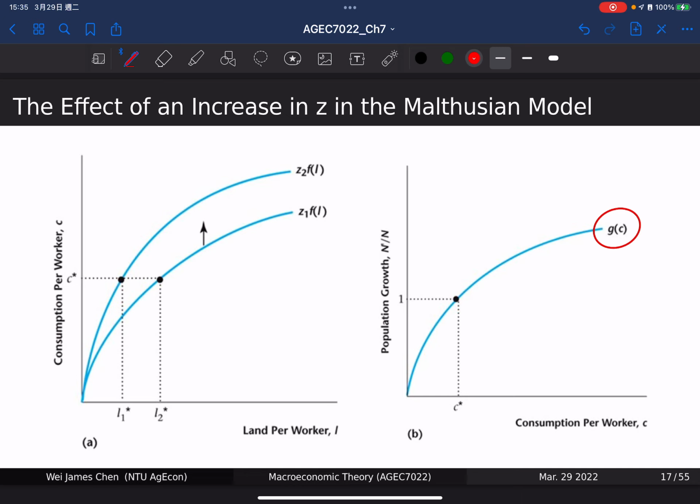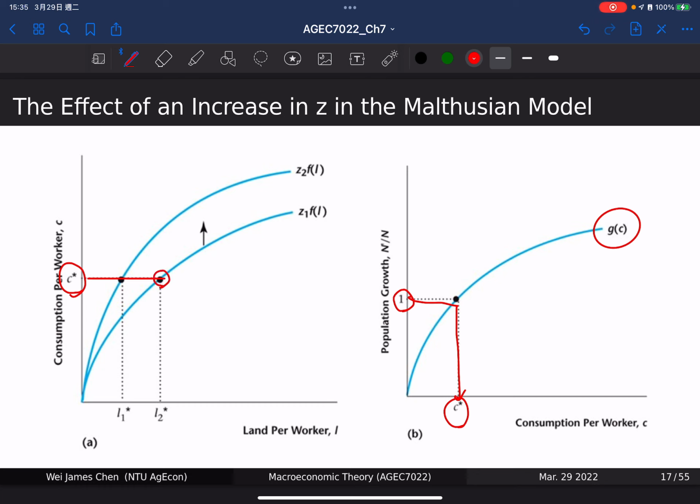That's actually the key, because if the g function doesn't change, in the steady state, this must still be 1, right? So it corresponds to the same steady state consumption per worker level. That's why in the long run, the change in technology doesn't change consumption. And the same C level corresponds.